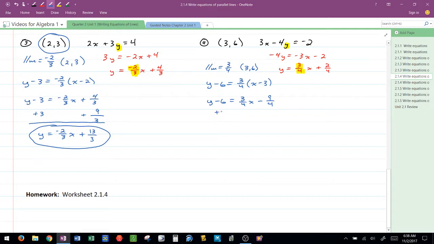I'm going to add 6, which means I'm going to add how many fourths? Well, 6 is 24/4. So now I have y equals 3/4 x plus 15/4. And this is the equation in slope-intercept form.